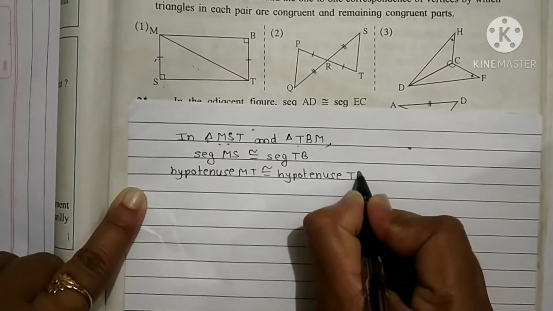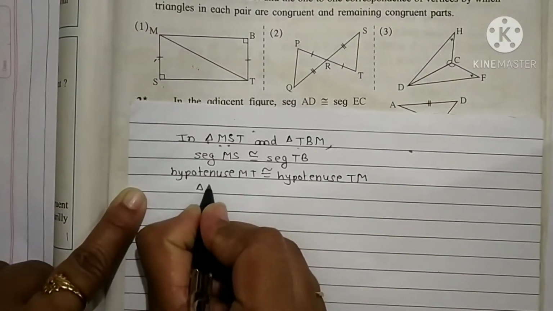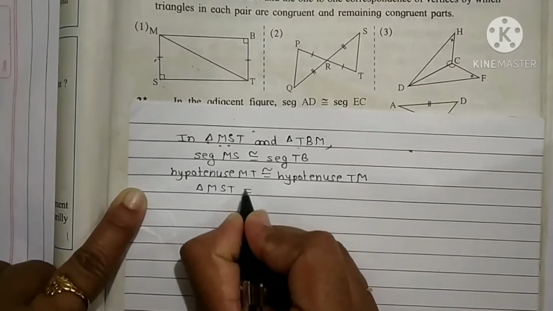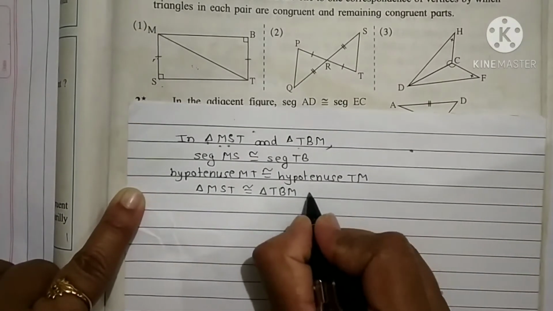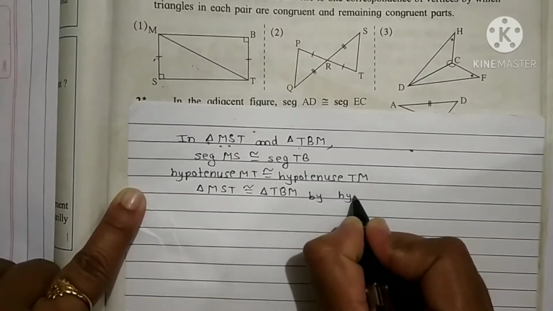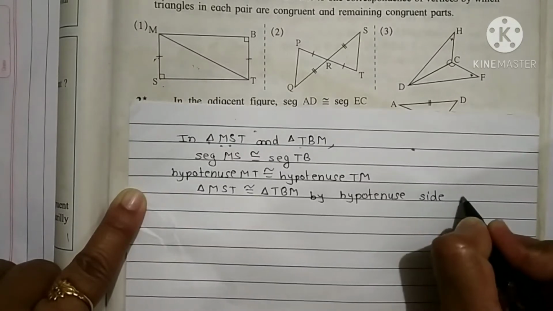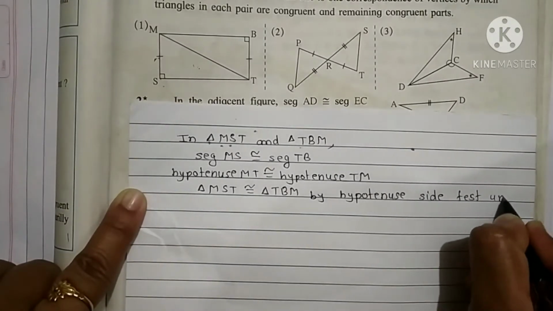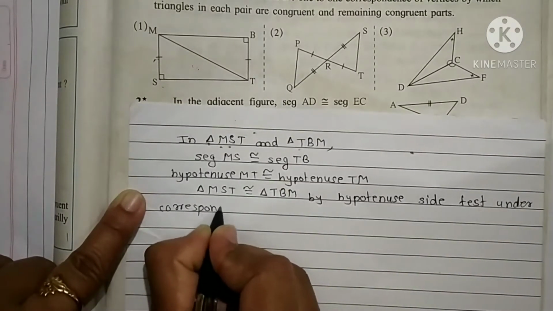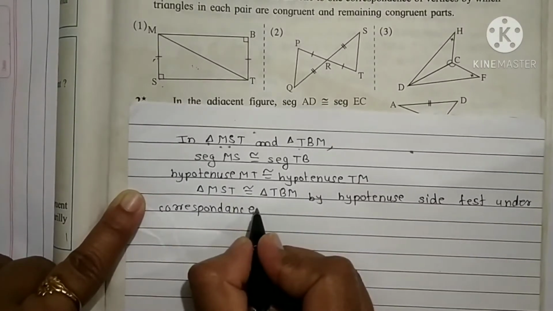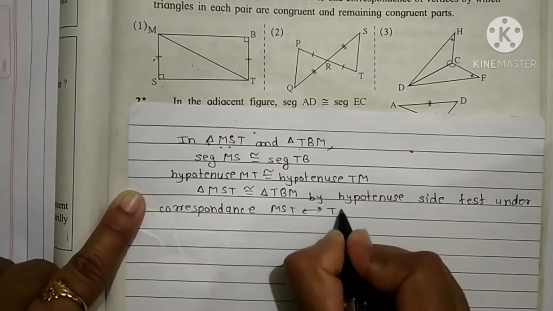or TM. Therefore we can write triangle MST congruent with triangle TBM by the hypotenuse side test, under correspondence MST to TBM.